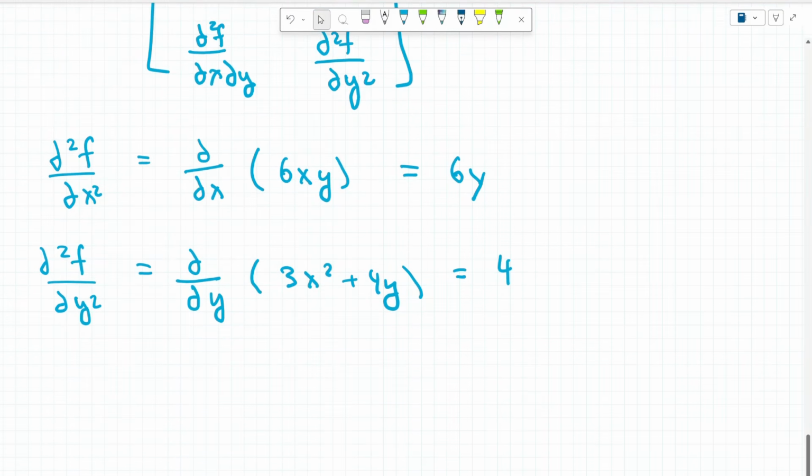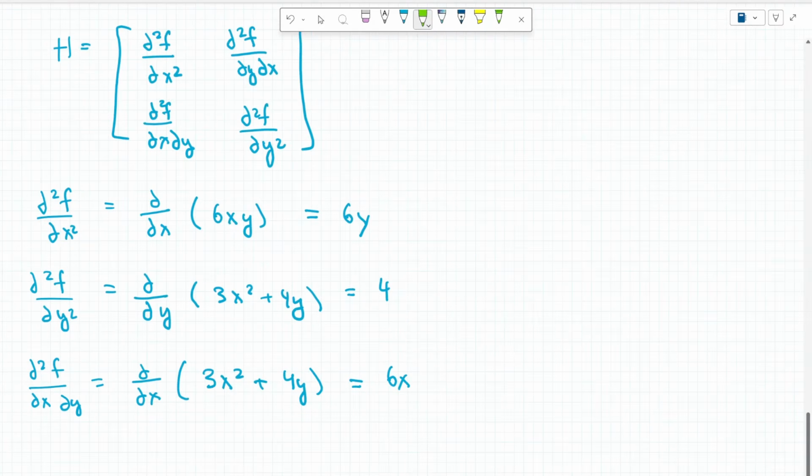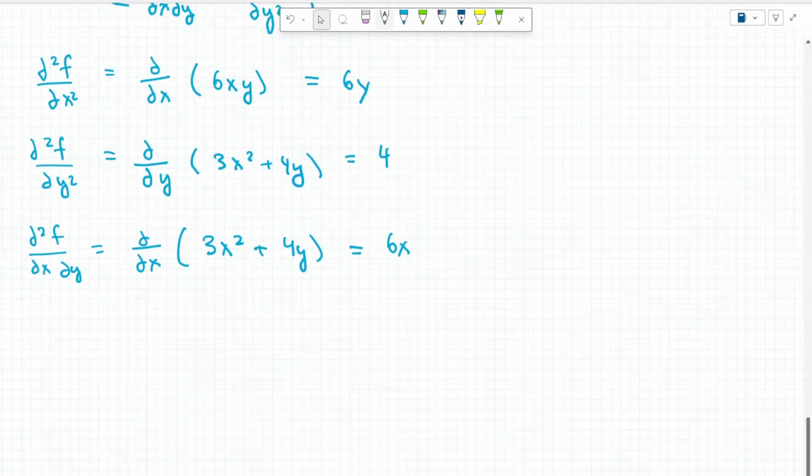And then here we just need to take the second derivative with respect to x, then y. So this is going to be d over dx of 3x squared plus 4y. We're keeping y constant. This gives us 6x. And just to prove to you that these two values are going to be the same, let's calculate the other one.